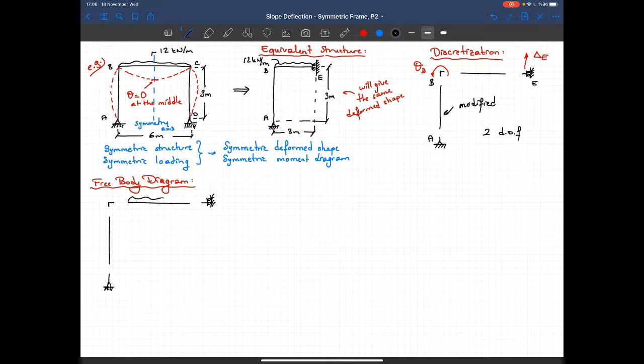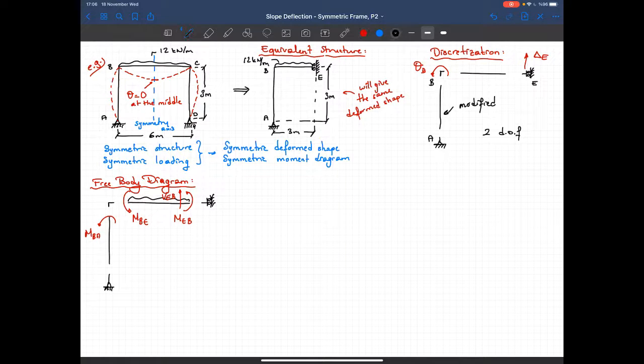I have a uniform distributed load here. Now I have MBC, MBE, and here I got MEB, and here I have VEB, and on this side I got MBA.